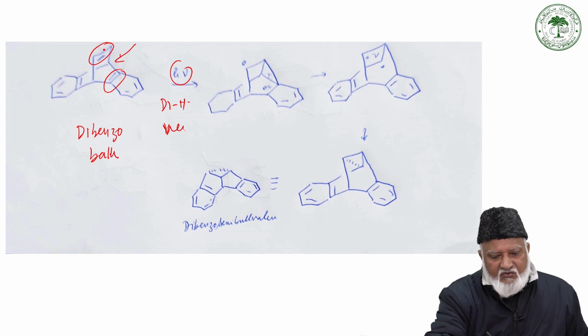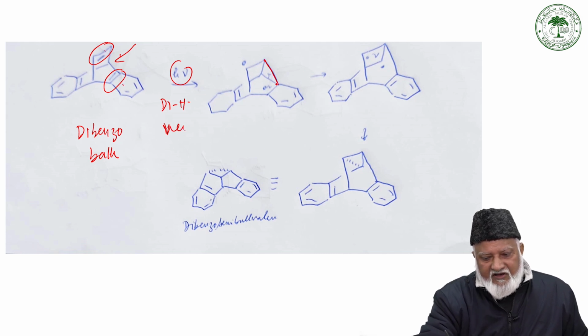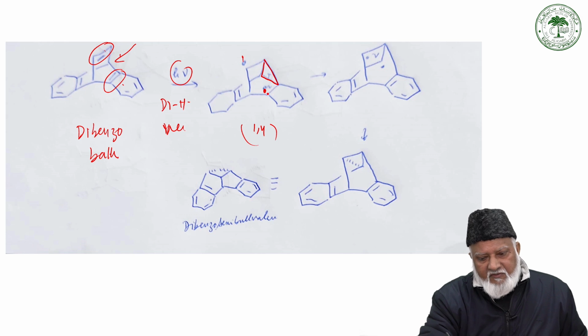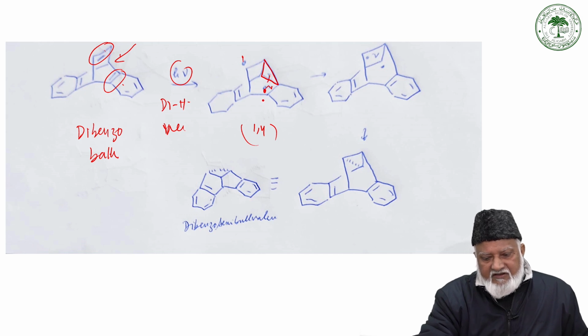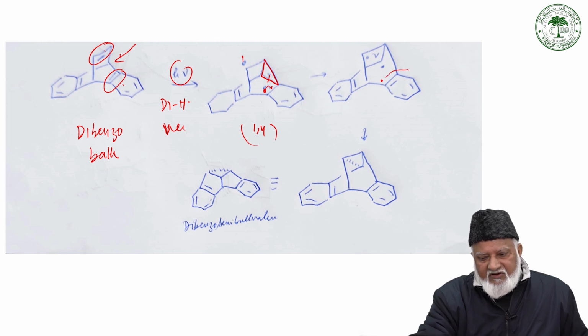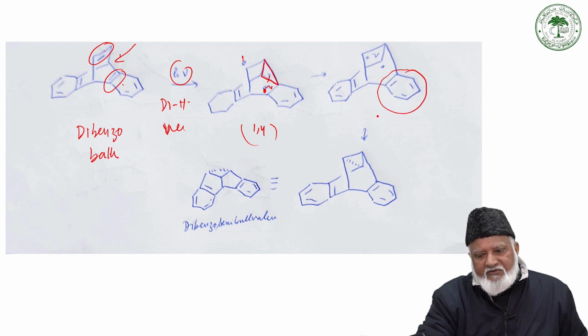Considering these two double bonds, a cyclopropane ring forms with a 1,4-diradical, and then a double bond forms with cleavage of this bond. Here this will be preferred because the aromaticity of the benzene ring is going to be retained.